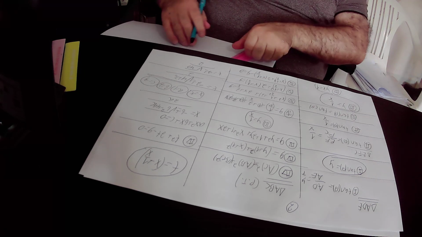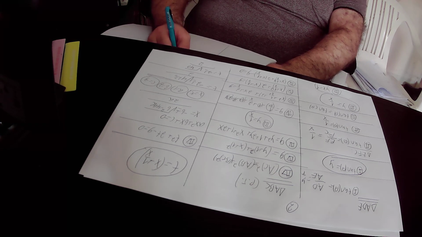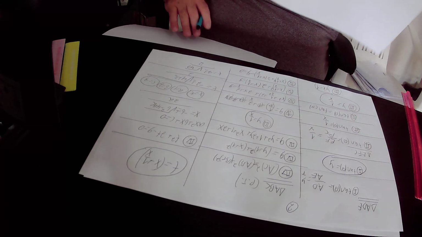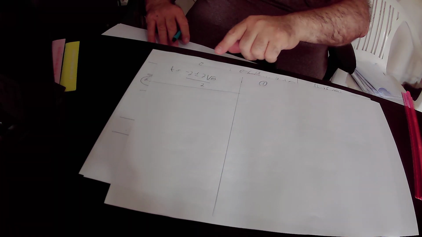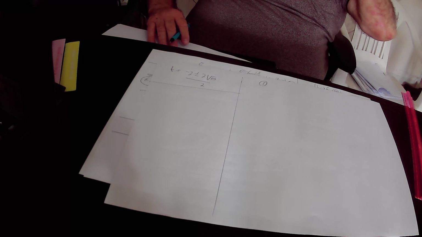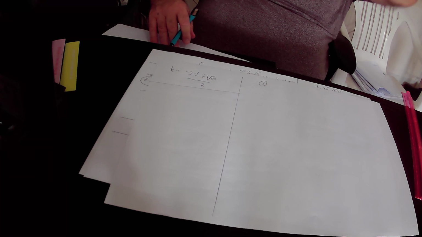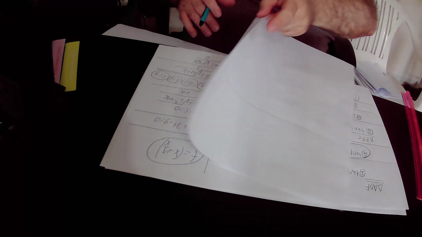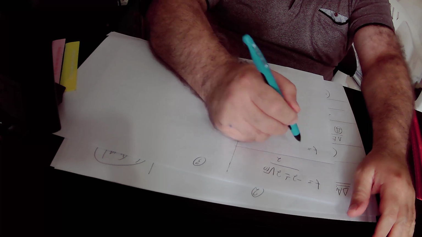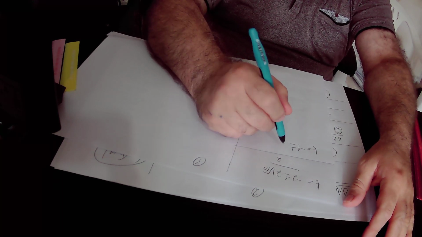So we actually found out that t equals to minus 2 plus minus 2 times square root of 10 over 2. Here 2 over 2 is 1, so the 2 will get cancelled. We found out that t equals to minus 2 over 2 is minus 1, plus minus square root of 10.